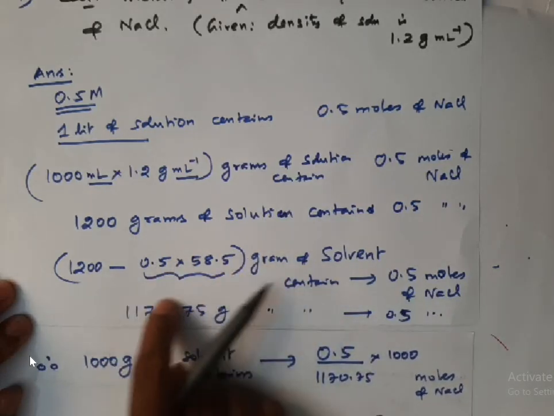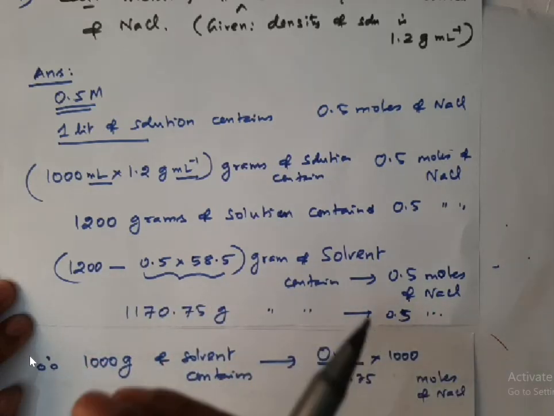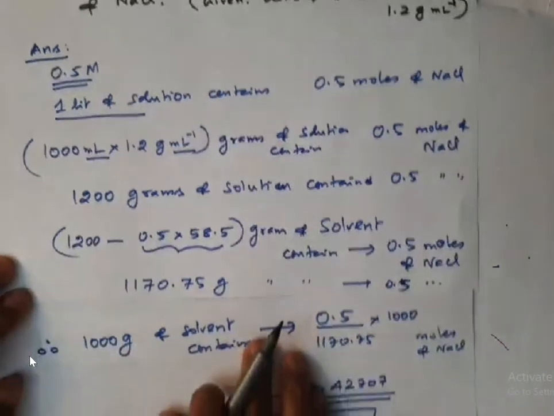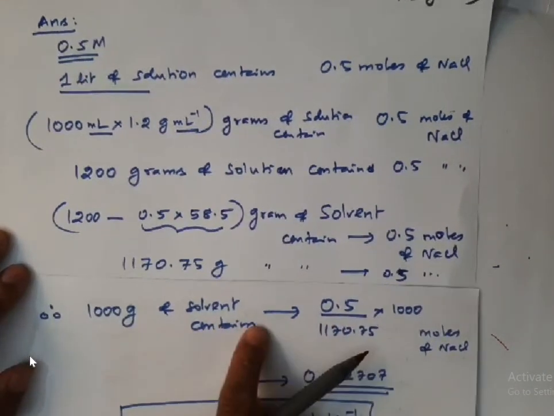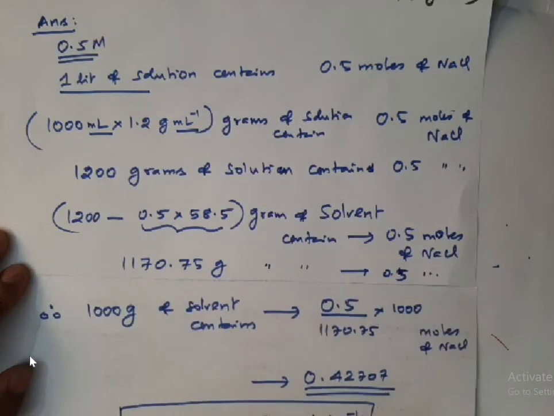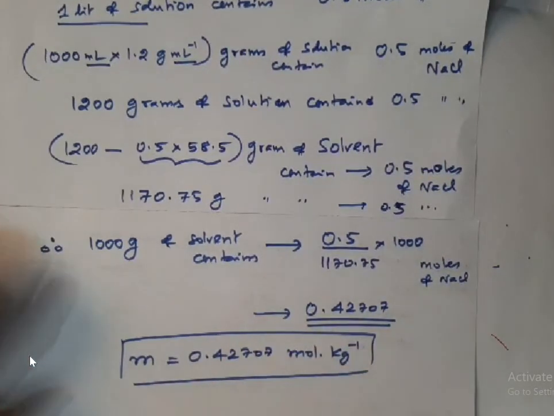This is nothing but 1200 gram of solution. From the solution mass, I subtract the mass of solute. Moles of solute is 0.5 mole; mole into molar mass gives the mass of solute, so 0.5 into 58.5. Subtract that value and you get the mass of solvent. This mass of solvent contains 0.5 mole. In 1000 gram of solvent, how many moles are there? That is molality. So 1000 gram of solvent contains 0.5 divided by this, into 1000. You will get 0.42707, and that is the molality of the solution.